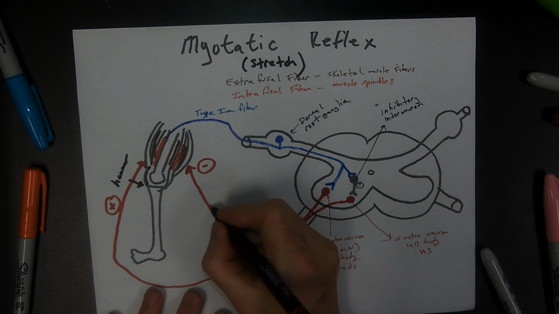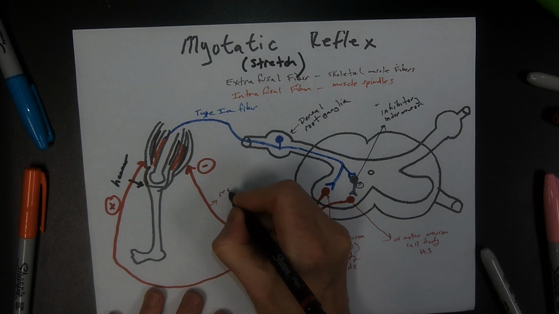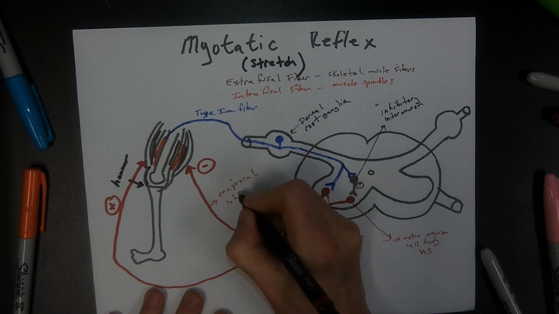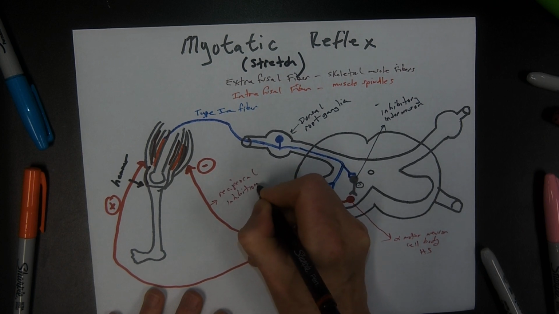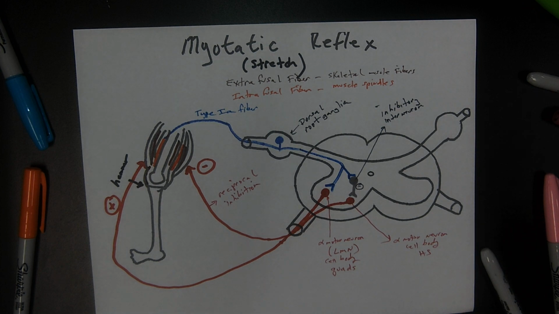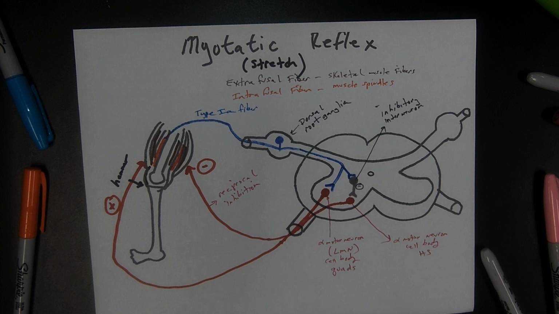This is reciprocal inhibition. Reciprocal inhibition means that you're shutting down the hamstrings on the opposite side due to the stretch reflex. Autogenic inhibition means you're shutting down the muscle that's associated with that tendon that has too much tension on it. Two different things.